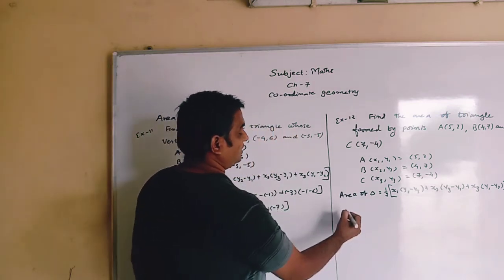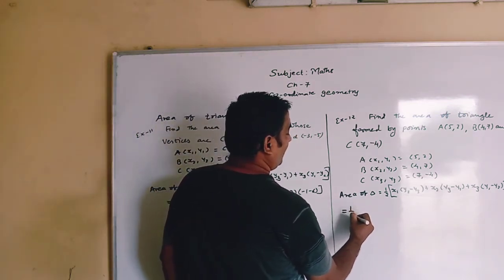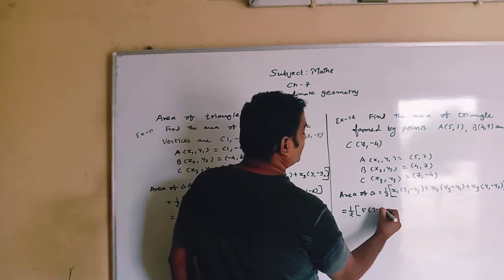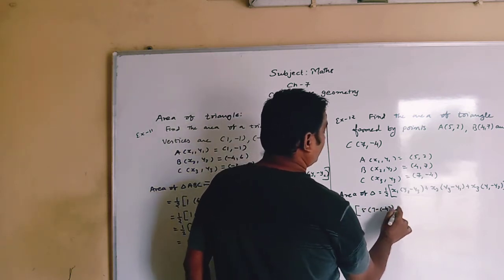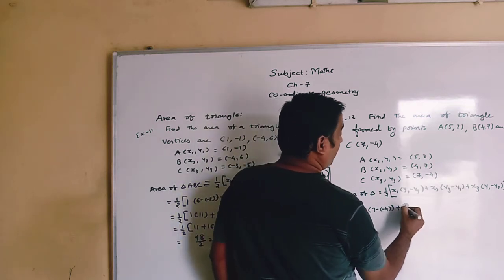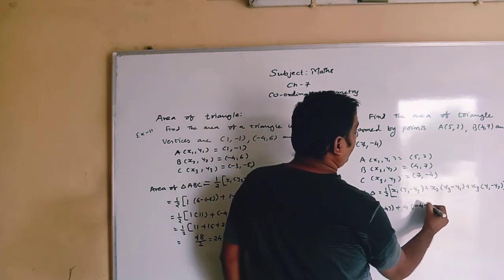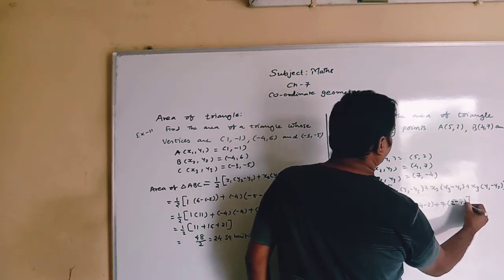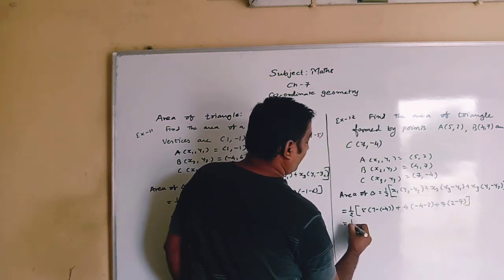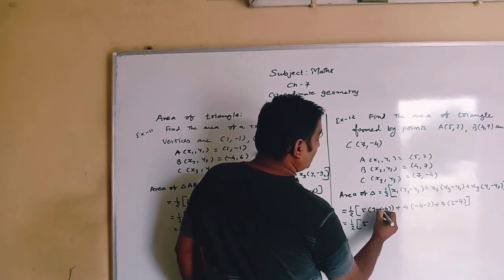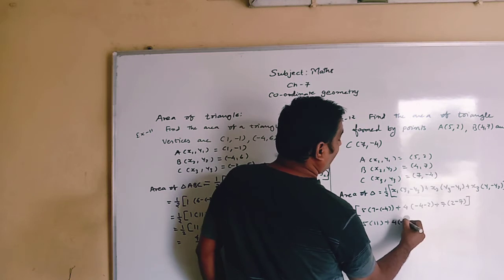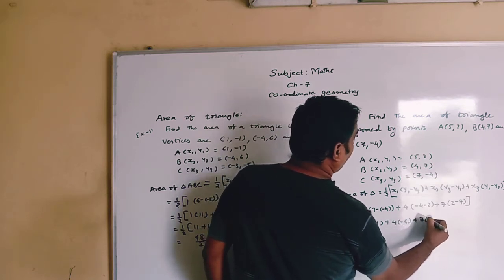And so it is 1 by 2 [5 into (7 − (−4)) plus 4 into (−4 − 2) plus 7 into (2 − 7)]. So it will be 1 by 2 [5 into 11 plus 4 into −6 plus 7 into −5].